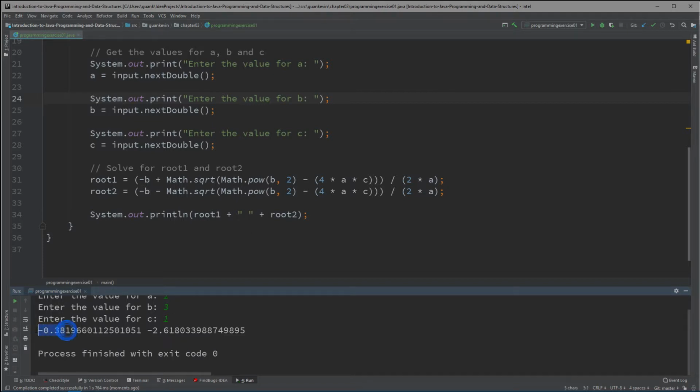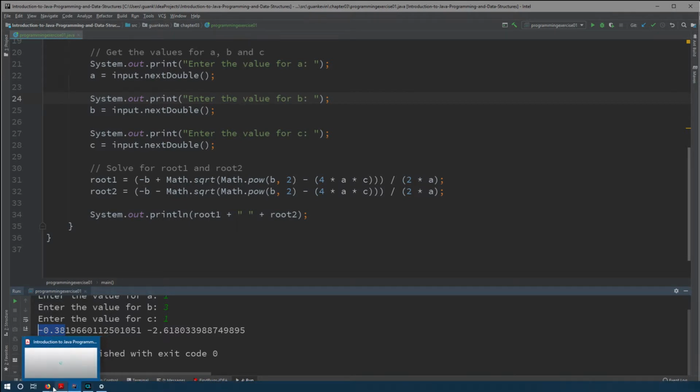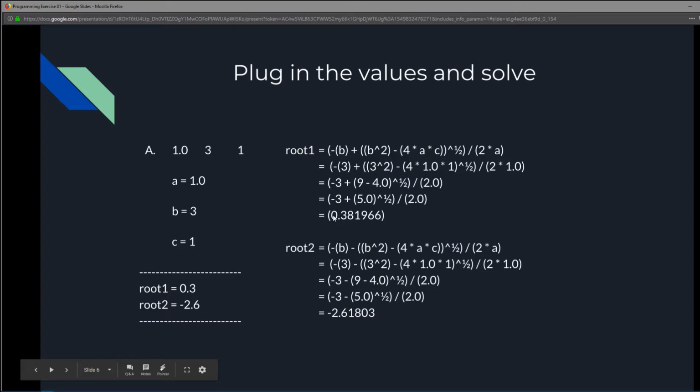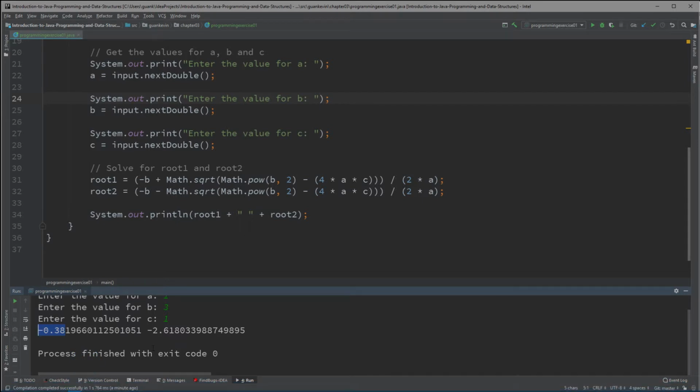So we got negative 0.38. Did I do this correctly? Positive 0.38 plus square root plus that. Yeah, I think I forgot to put a negative here. So it should be a negative, and negative 2.61803. Negative 2.61. Yeah, let me just double check.